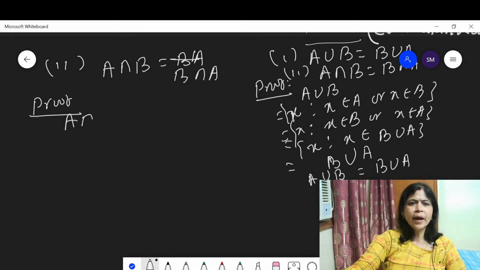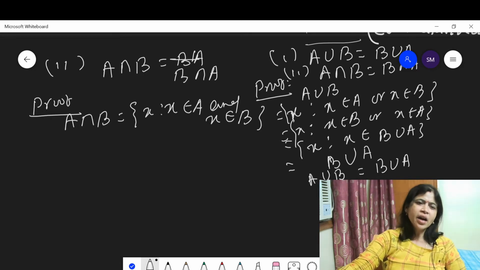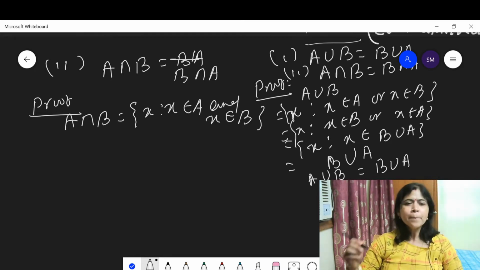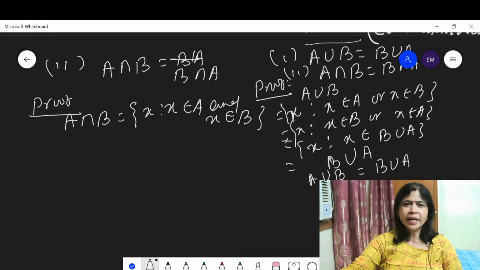What do you mean by A intersection B? A intersection B means x is such that x belongs to A and x belongs to B. In case of union you write or, in case of intersection you write and. So x belongs to both A and B. Recall the Venn diagram of intersection.